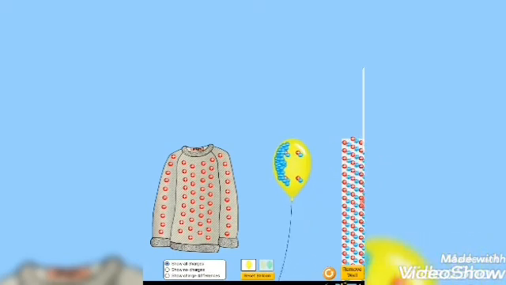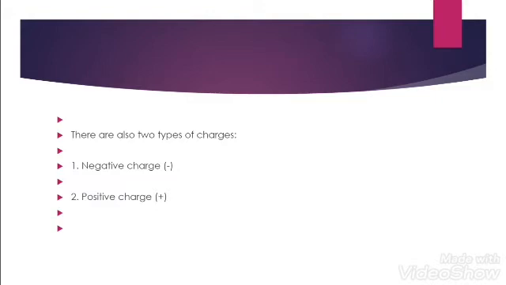But with the wool they attract, because they have opposite charges. Both types of charges, the positive and the negative, attract, so the charged balloon attracts the paper strips when it moves near the strips and the wrapped balloon.